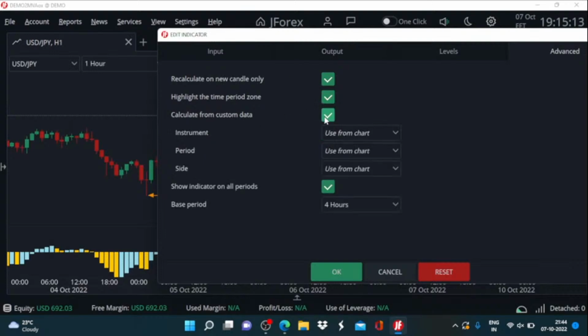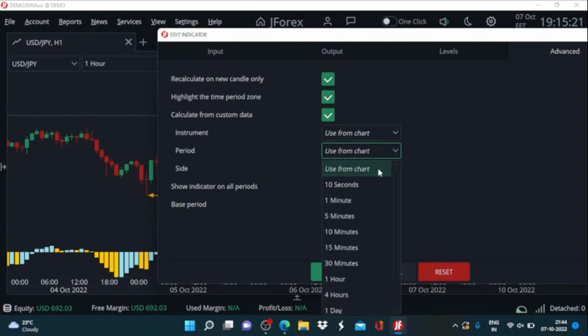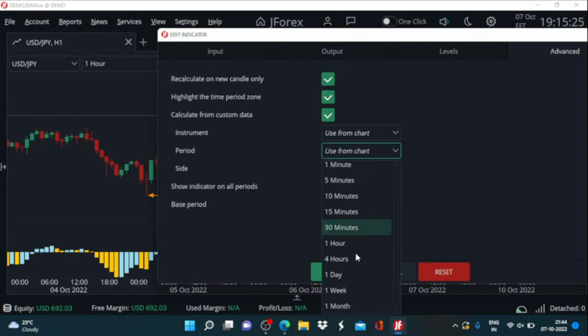If you want to customize the calculation data, the instrument can be same as per the chart, or you can even keep it specified. The candle period can be same as the chart, or you can specify anything from 10 seconds all the way to 1 month for the purpose of calculation of this indicator.